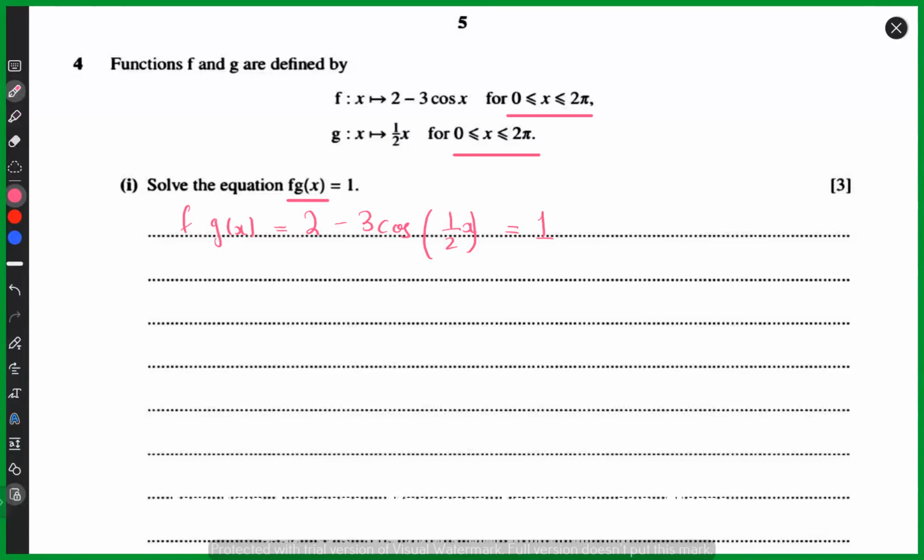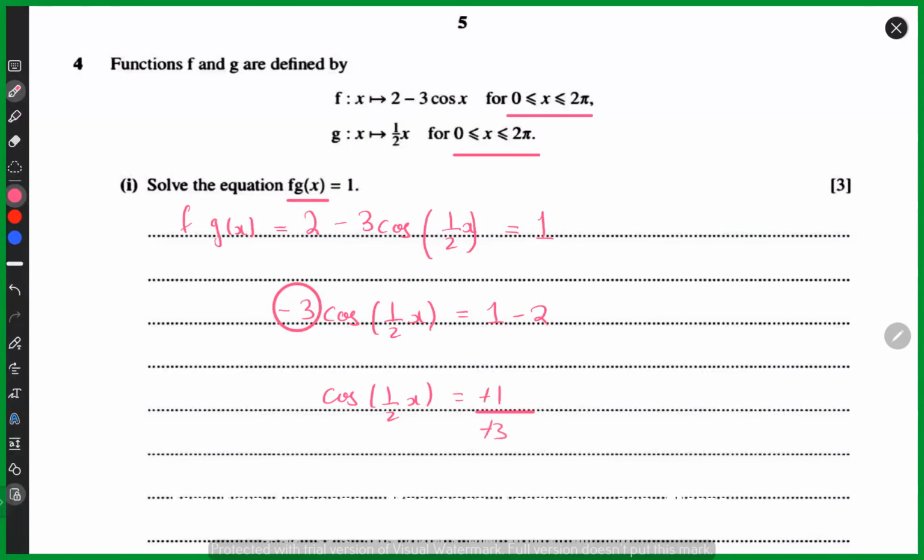Minus 3 cos 1 by 2x is equal to 1 minus 2. Cos 1 by 2x is going to be 1 minus 2 would give you minus 1 divided by, I'll take this negative 3 on the other side, and this is going to give me 1 by 3.